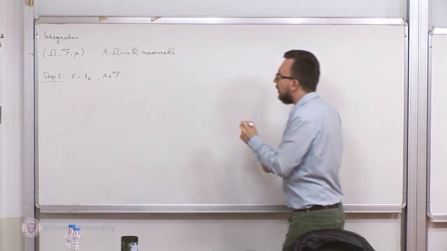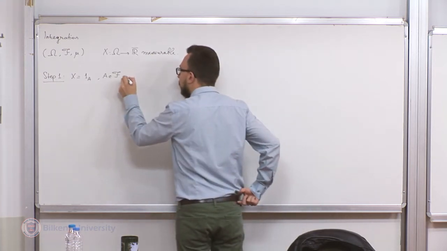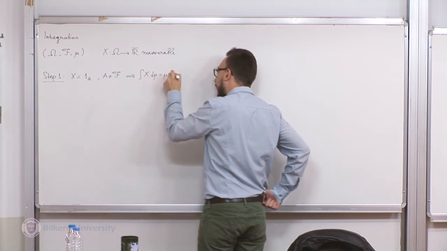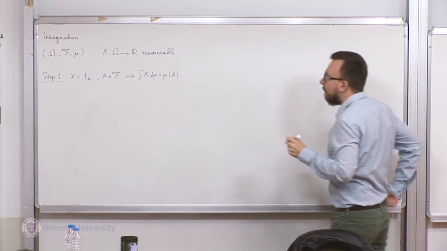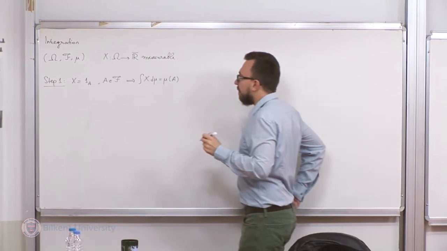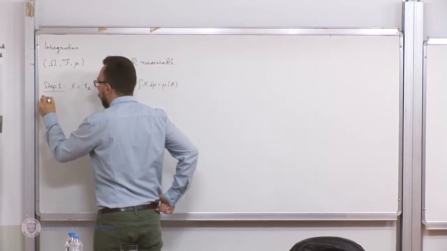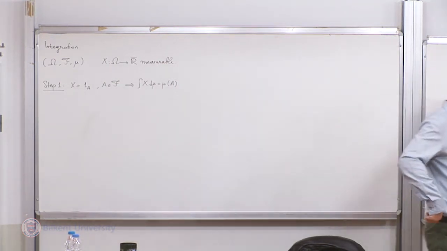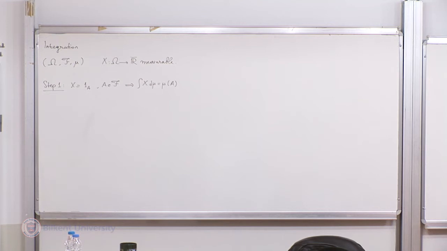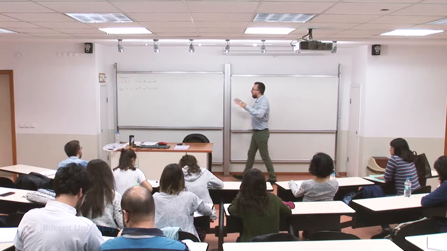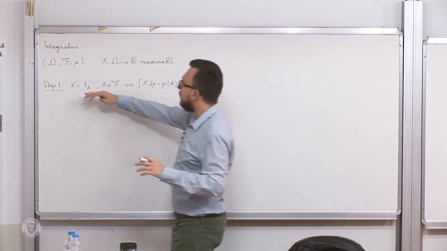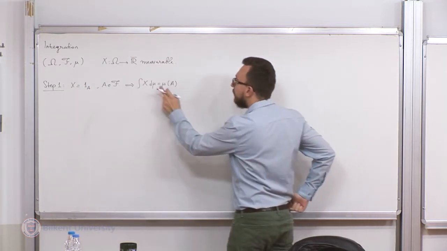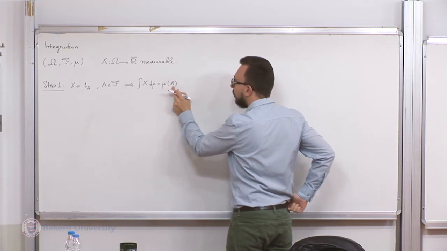This was the easiest step because in this case we define the integral of x as mu of A. This is a function that takes the constant value 1 on the set A and 0 everywhere else. Therefore, we define the area in some sense under this function with respect to this measure mu as the measure of the set A.